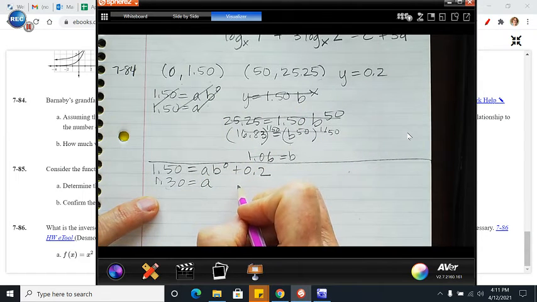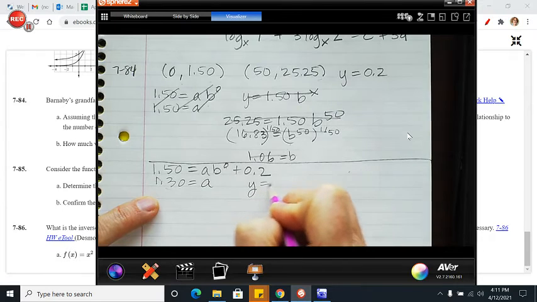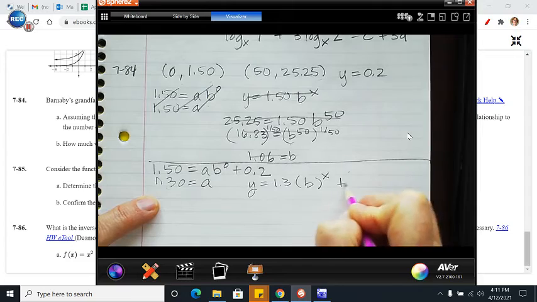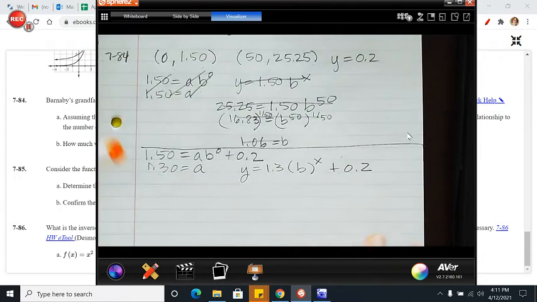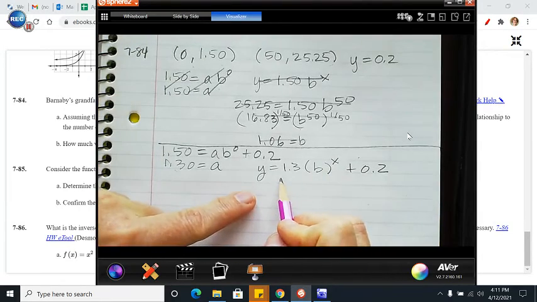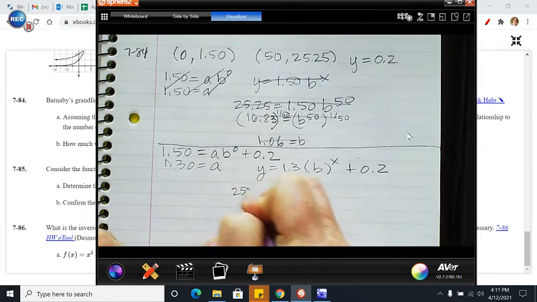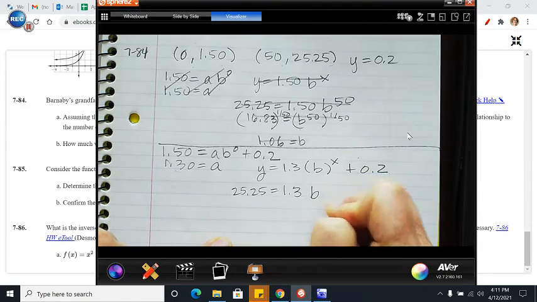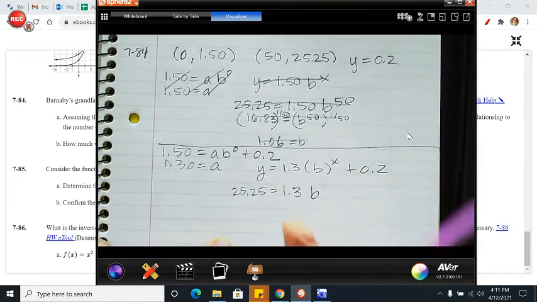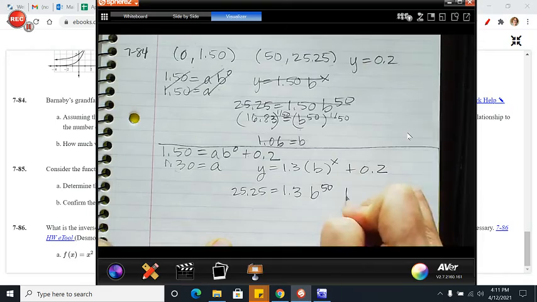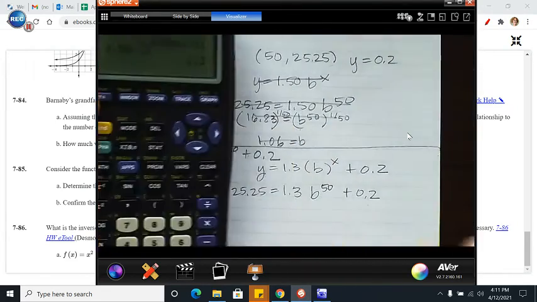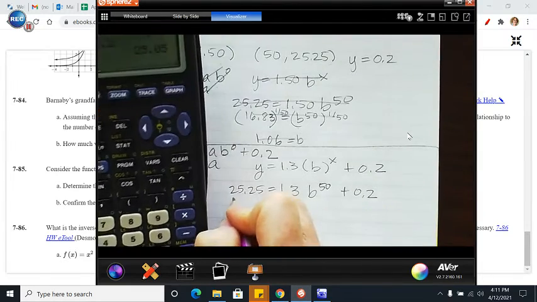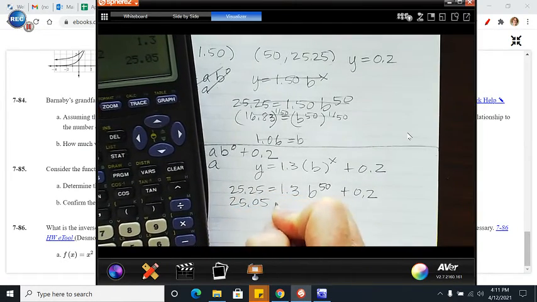A is 1.3. Plug that in, and don't forget the asymptote, like I keep forgetting. Okay, so plug in this point, 25.25 equals 1.3 times B to the 50th plus 0.2. Okay, so 25.25 minus 0.2 is 25.05.